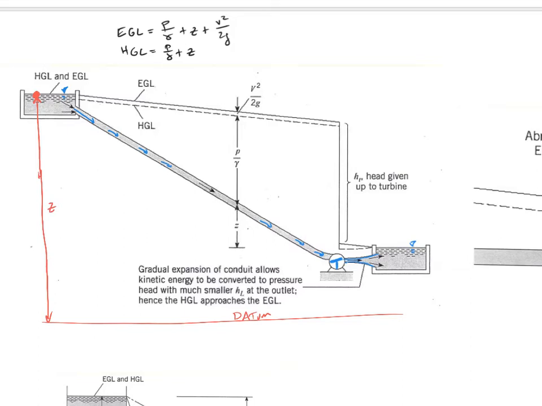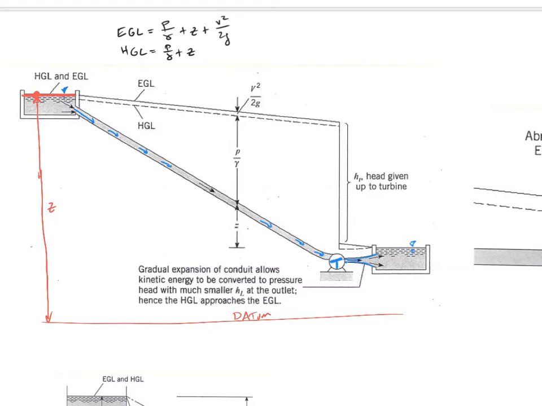It's attached to the atmosphere, so the pressure is 0. What's my velocity? Well, it's in a reservoir. The reservoir is really big, so the velocity is 0. So that is my HGL. My HGL in this reservoir is going to be right along here at this surface. Why? Because Z exists and it's huge, and pressure is 0, and V squared on 2G is 0. So that's where it is.